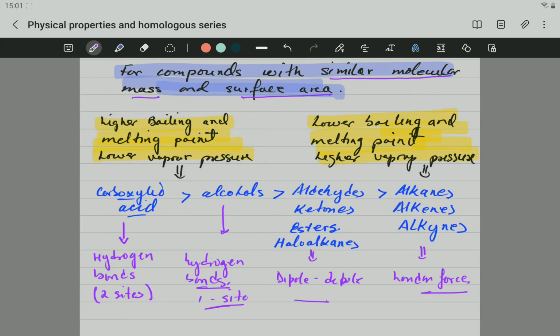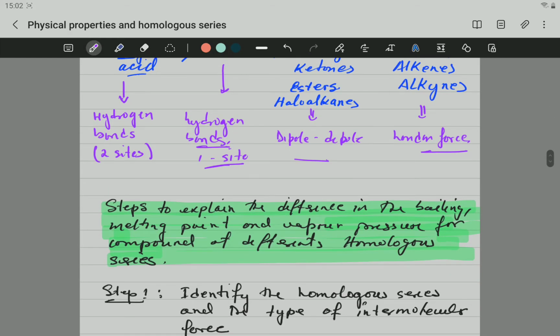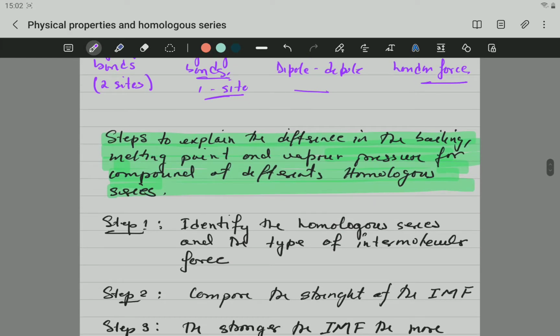So we are here in terms of boiling point. Alcohol has a higher boiling point than aldehyde, ketone, esters, and haloalkane, and all those will have a higher boiling point than alkanes, alkenes, and alkynes. So this is not very difficult, it's just to remember. Now let's see the steps to explain the difference in the boiling point or melting point or vapor pressure for different compounds.